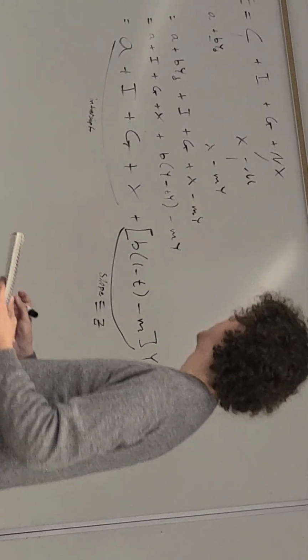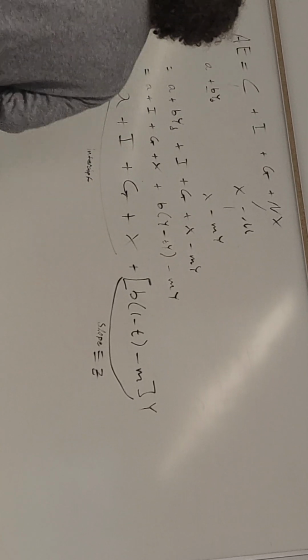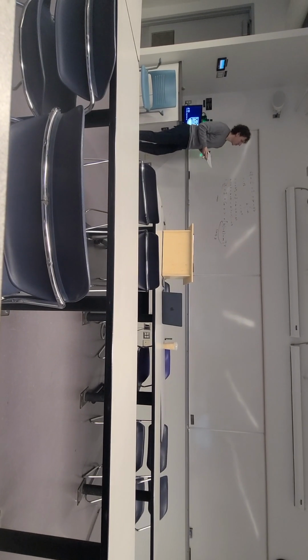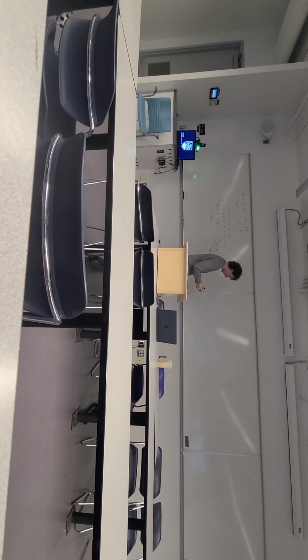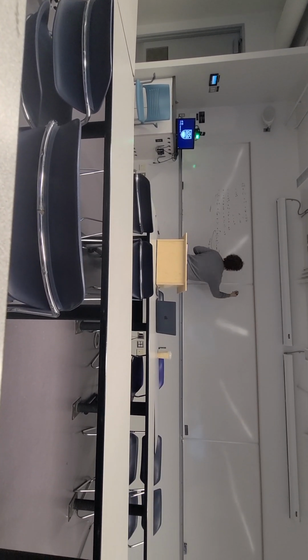So now I'm going to give you some numerical values, and then we're going to plot it out and answer some practice questions about this stuff. So let's suppose a bunch of things here.